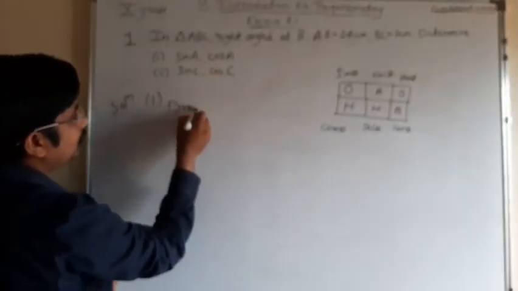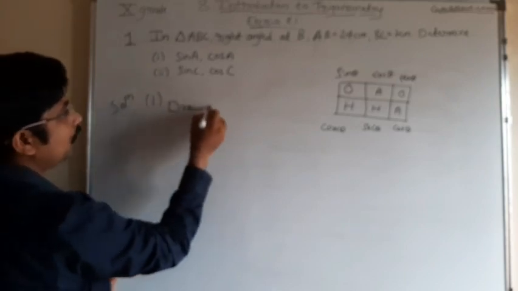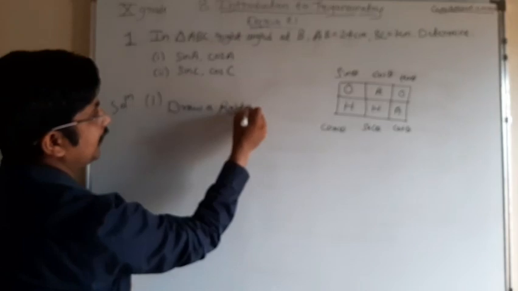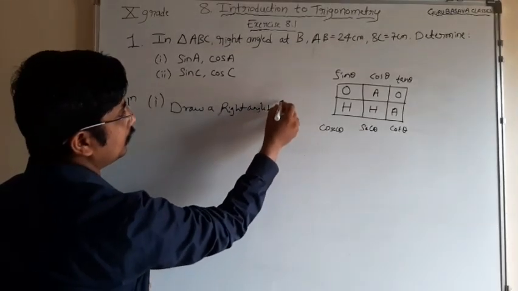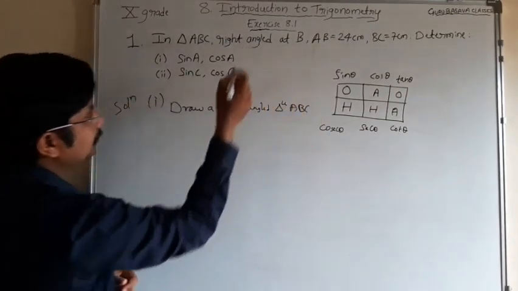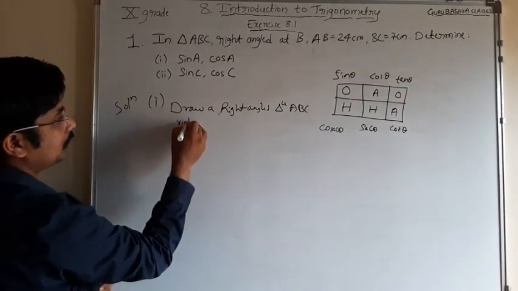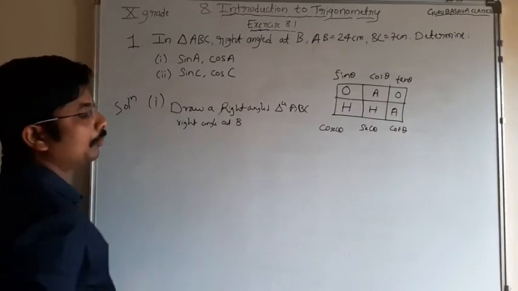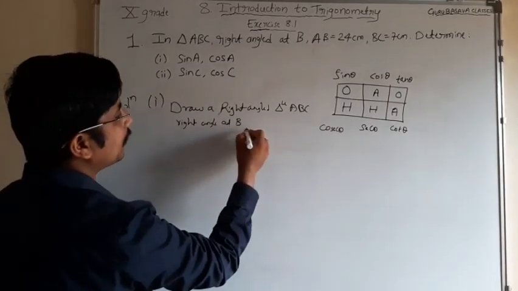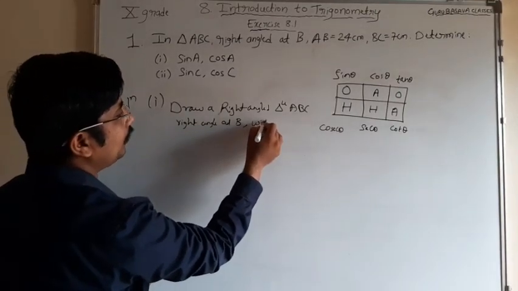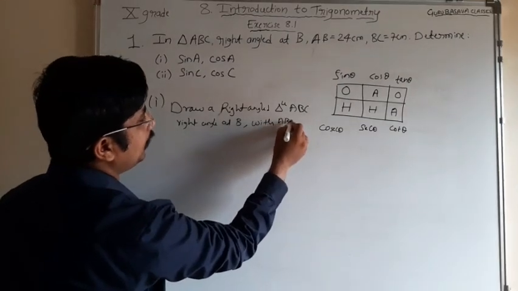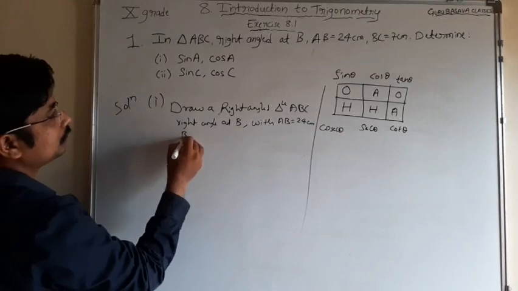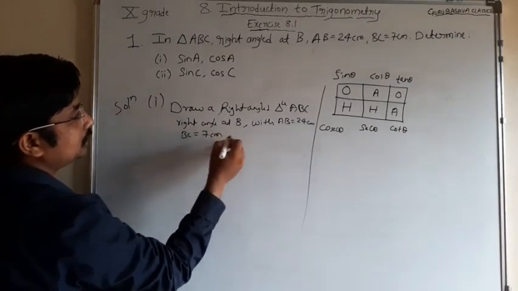Now draw a triangle. First solution, the first one I am solving. Draw a right angled triangle ABC, right angle at B, with AB equal to 24 centimeter and BC equal to 7 centimeter.